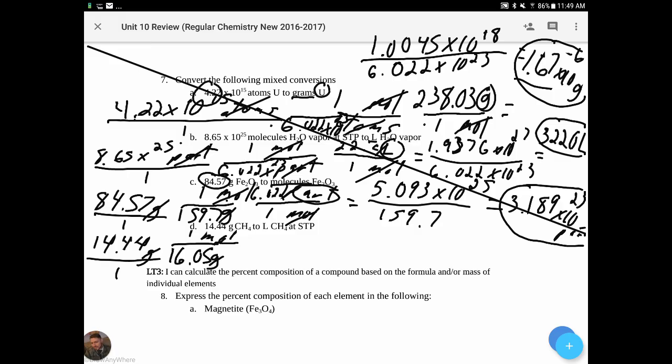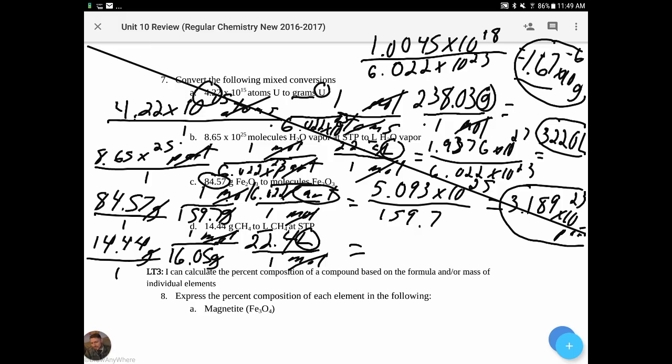Grams cancels out. We're left with moles. That is not where we want to be. We want to be at liters, so we do another conversion factor. Moles on bottom, liters on top, 1 next to mole, 22.4 next to liters. Moles cancels out. We are left with liters, which is where we want to be.